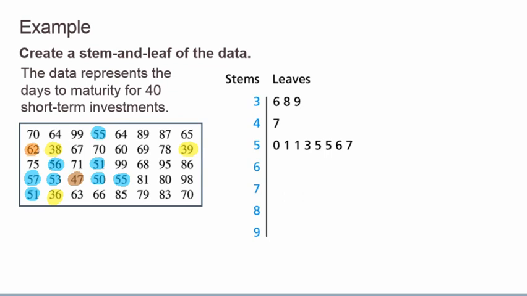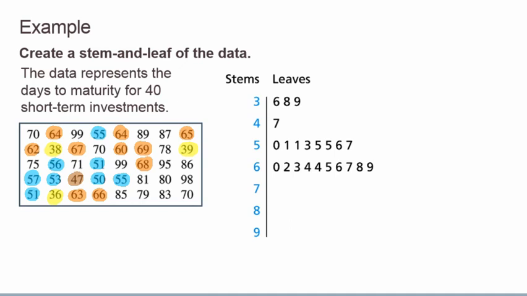I have 62, 64, 63, 67, 66, 60, 64, 69, 68, and 65. Putting those in numerical order, I have 0, 2, 3, 4, 4, 5, 6, 7, 8, 9.